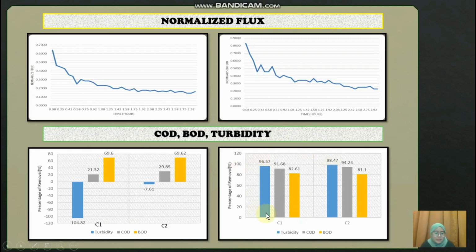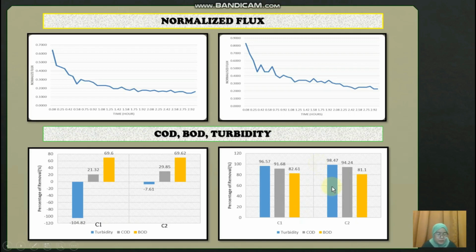So this is the bar chart of COD, BOD, and turbidity removal percentage for the first and second cycle reuse of zinc oxide clay reusability after the UF membrane. So based on the graph, the Pomse treatment after membrane in the second cycle of zinc oxide reusability results in the higher COD and turbidity removal percentage with 94.25% and 98.47%.